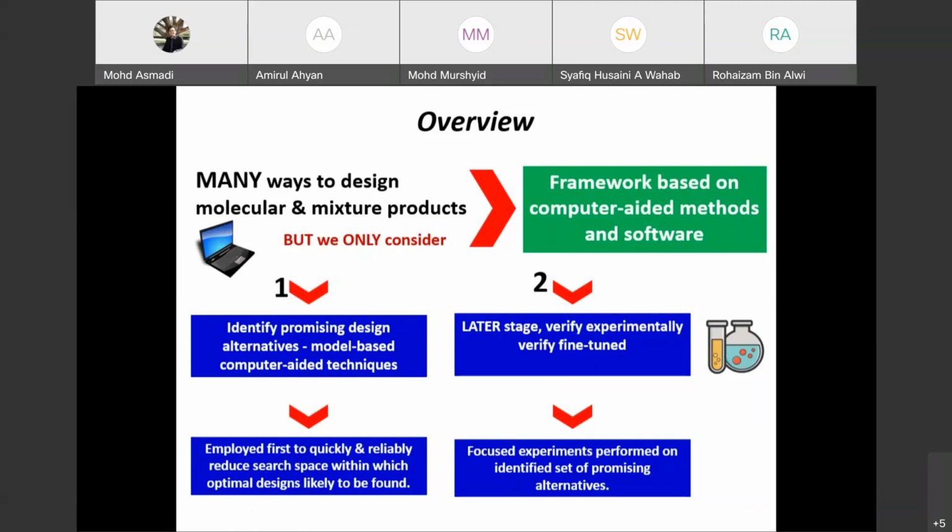Later stage you akan verify by using experimentally. Yang ni you akan fine tune nanti. And then focus experiment perform on identify set of promising alternative. So selepas tu baru you boleh dapat lah. Contohnya from 5 you ada 2 candidate and then you boleh try lah tu dekat you punya produk.